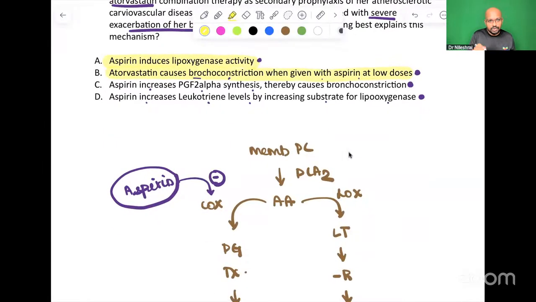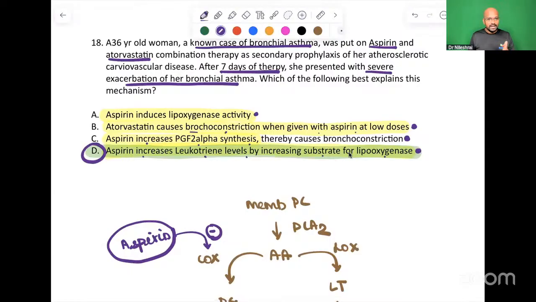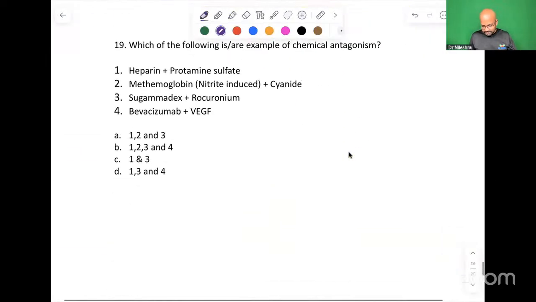Bullshit option, don't think about that. Option C, aspirin increases PGF2 alpha synthesis. No, aspirin will tend to block PGF2 alpha synthesis. Option D, aspirin increases leukotriene levels by increasing the substrate for lipoxygenase. Well, this is the most correct statement, and that is the answer for the question. Good. We'll move on, guys.